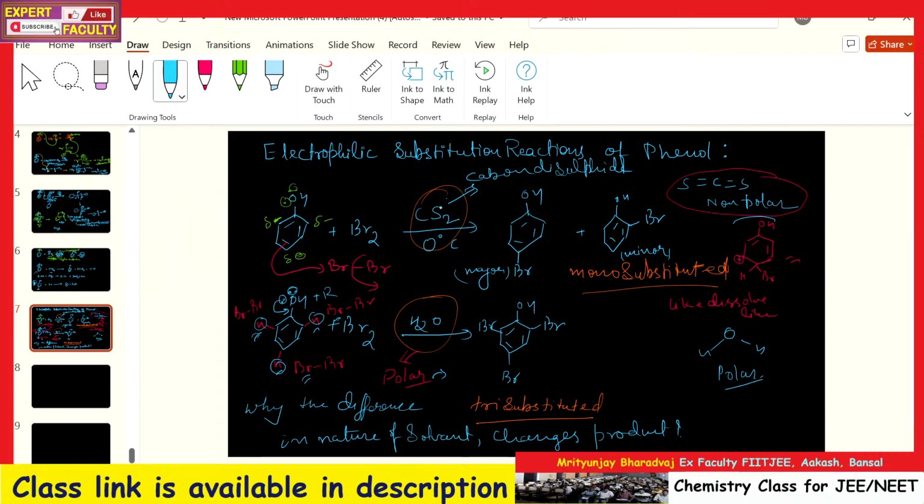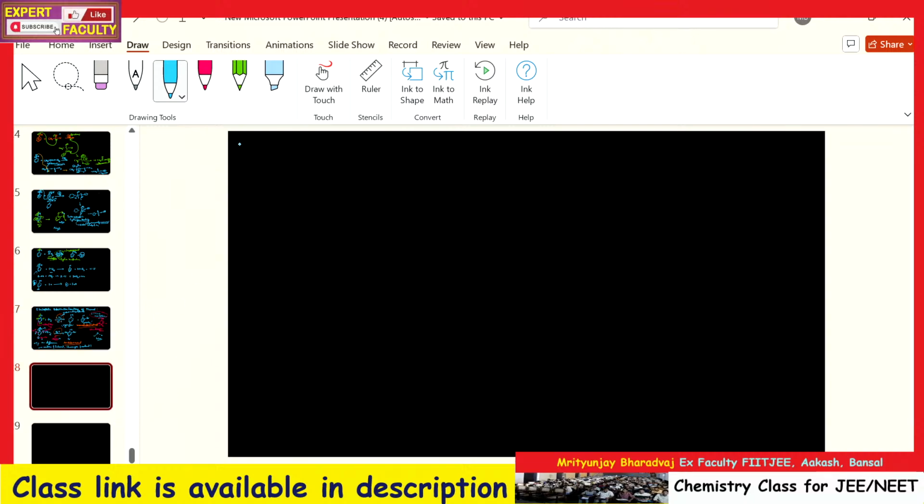But in case of non-polar solvent, definitely reactivity will decrease and only a mono-substituted product will form, in which para will be major and ortho will be minor. We can write this sentence, in fact, because these sentences are important for the advanced exam. They may compare reactions like this.